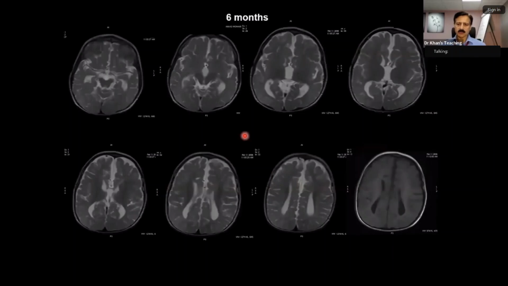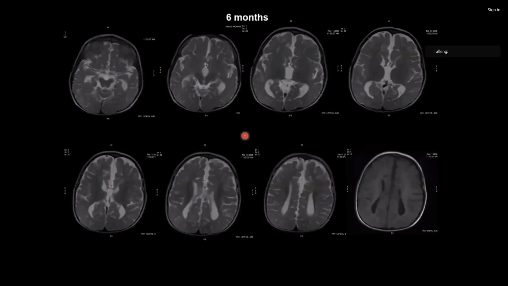Yes, please. Okay, these are several axial MRI slices of a 6-month-old child. No history has been given. The ventricles appear to have a slightly odd configuration. I'm wondering if the thalami are slightly abnormal.